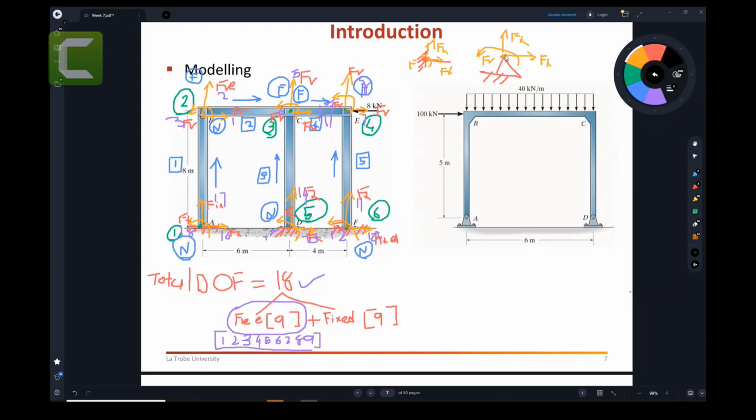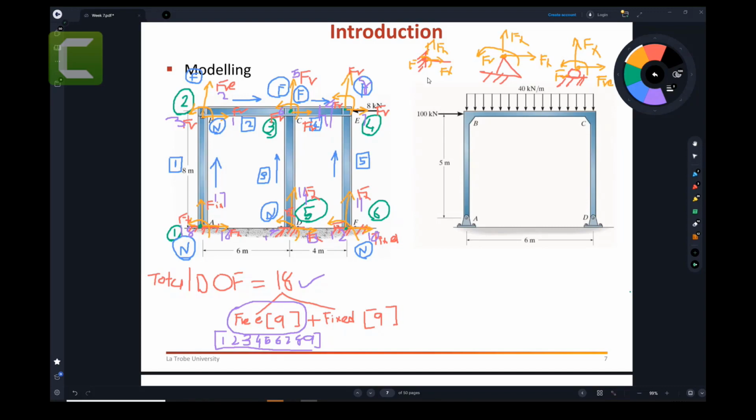This is fixed. If it is a pin, meaning like this, it can roll, but this point cannot go left, right, or up and down. And there is a roller. If I have a roller here, then the point here with the roller is again free because it can roll. This one is fixed, and this rotation is free as well.